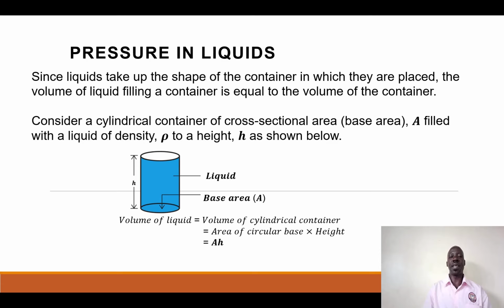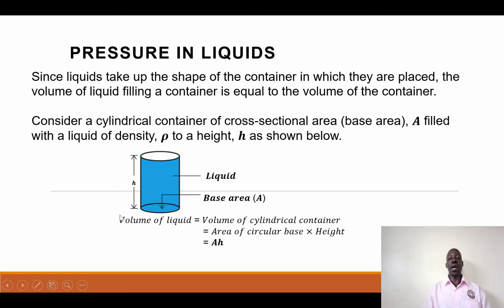Now let's consider a cylindrical container of cross-sectional area A, that is to say base area A, filled with a liquid of density rho to a height h, as shown below. This container has the height h, and the base area is A. Inside the container we have the liquid.